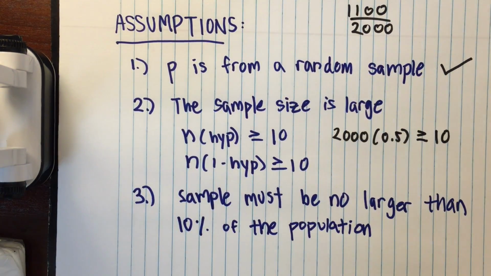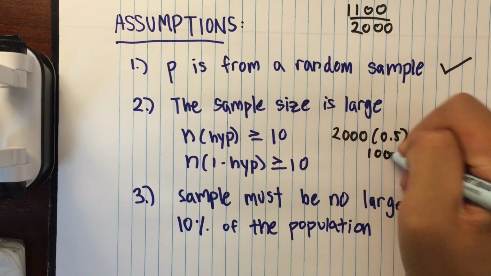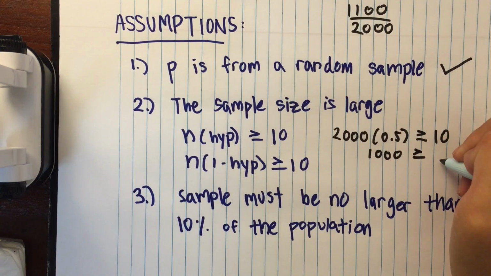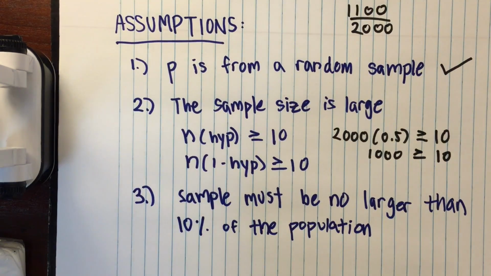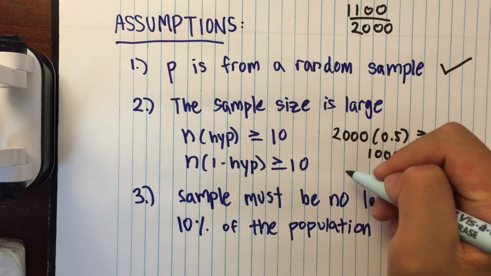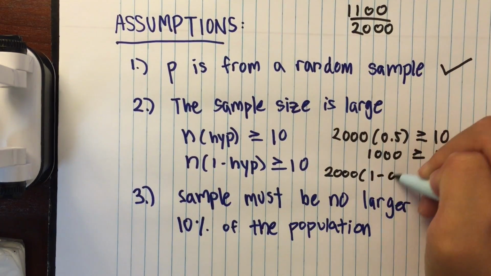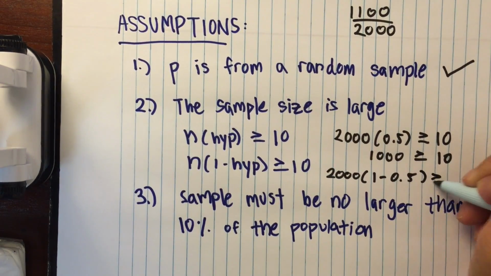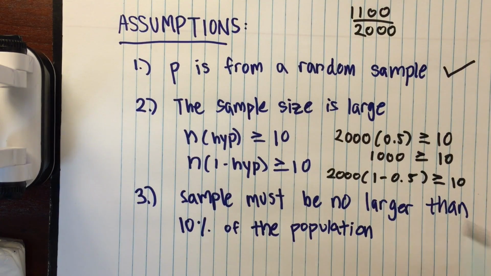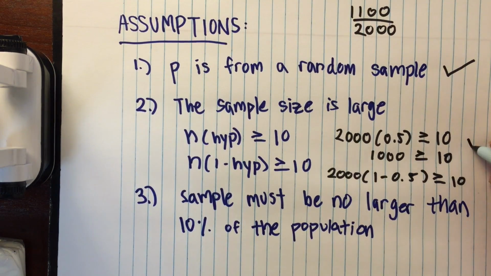Just by eyeballing that, I already know that is true, but just to make sure, 1,000 is definitely greater than or equal to 10. And as for the second one, 2,000 times 1 minus 0.5, greater than or equal to 10. Since we know 1 minus 0.5 is just 0.5, the second inequality is true just like the first one. So the second assumption is also met.